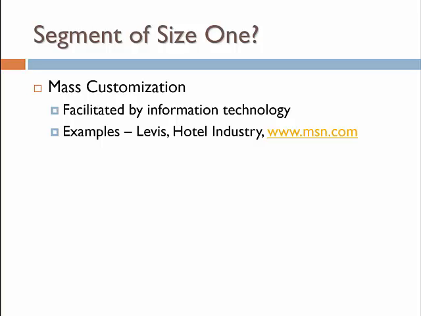Now, the same is true in many news websites as well. So, for instance, if you go to msn.com, you see general news, and you also have the option of providing your zip code, in which case the local news and weather reports are customized depending upon your location. So you will see this mass customization is something which is widely used.